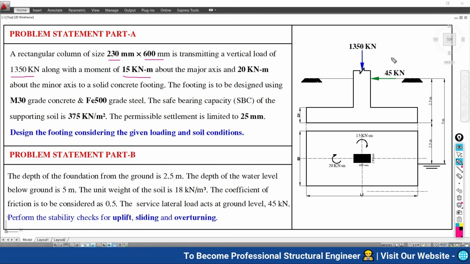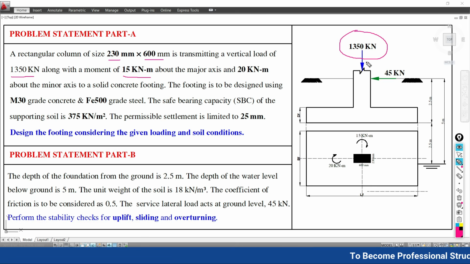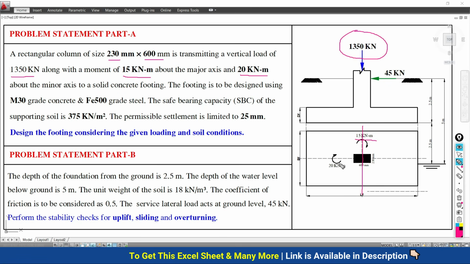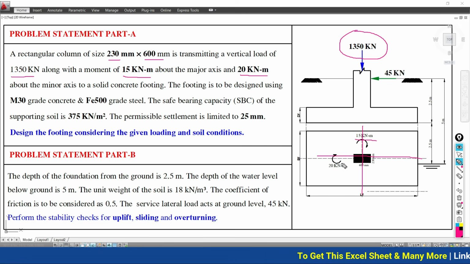Here in the figure you can see that the footing is subjected to 1350 kN in the gravitational direction through the column centroid, and there is a moment about the major axis, the axis passing through the width of the column, of 15 kNm, and there is another moment of 20 kNm about the minor axis, the axis which passes along the depth of the column. This is the moment of 20 kNm being experienced.